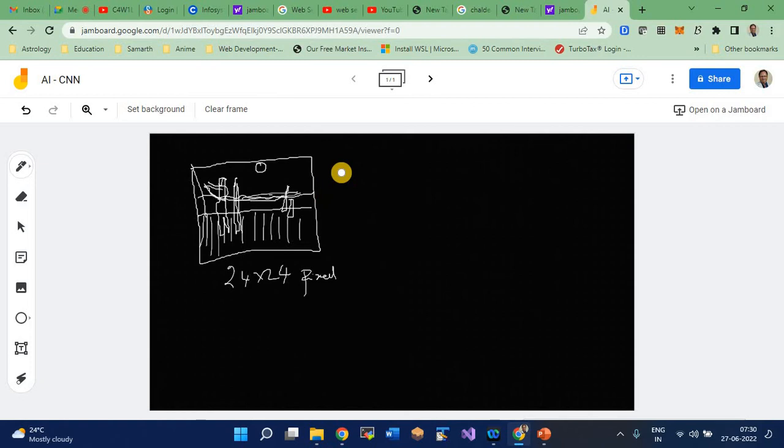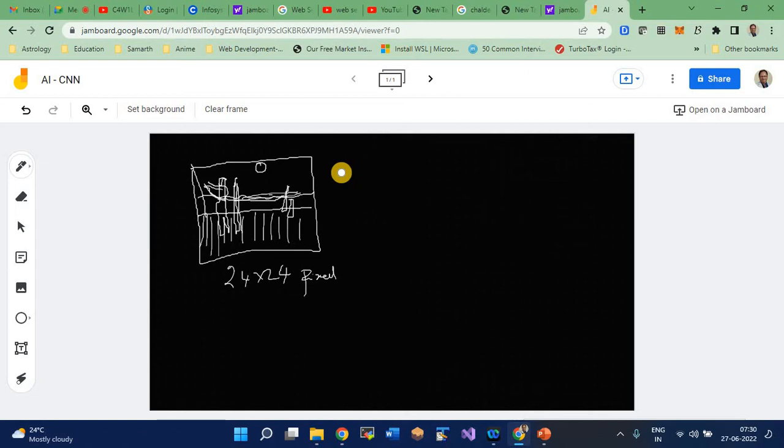You need some techniques to identify that there are people standing and there is a railing standing. If the railing gets identified as people, or people get identified as railing, we don't know what exactly that picture is supposed to be. That's where we need to identify that the picture has these kinds of objects in it.